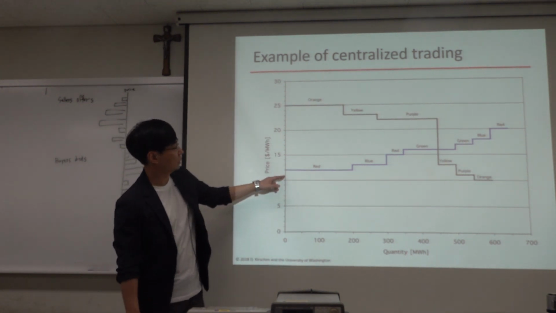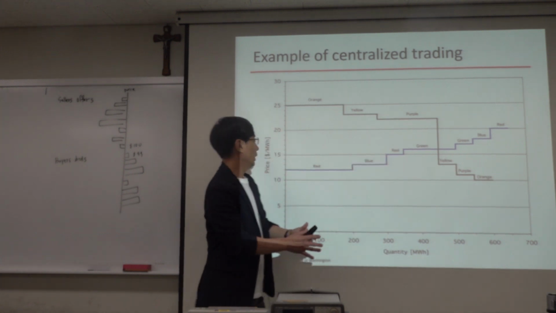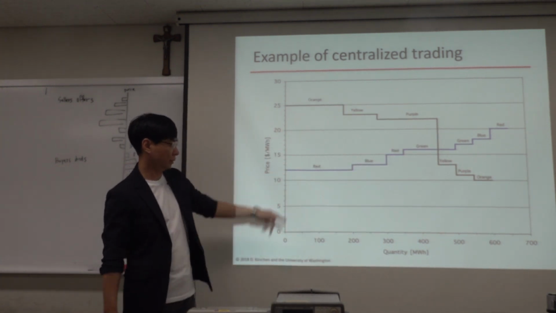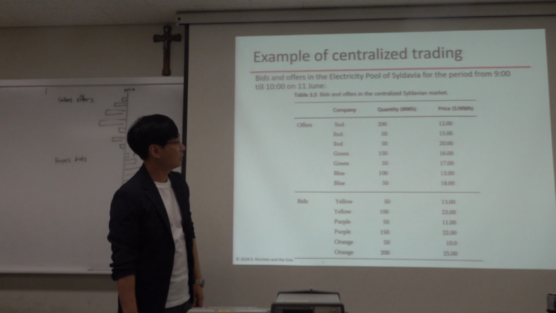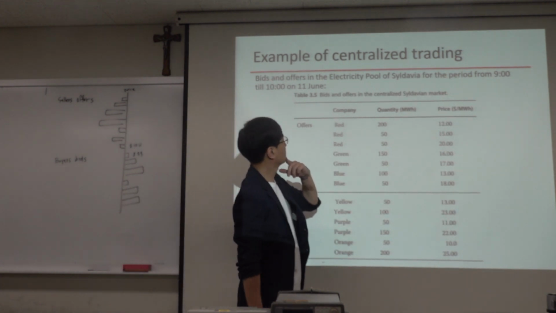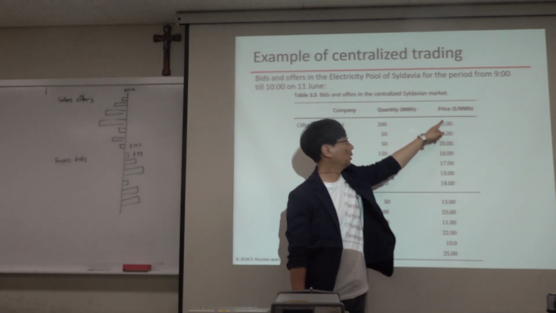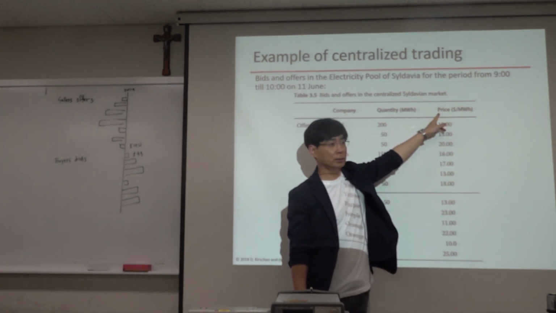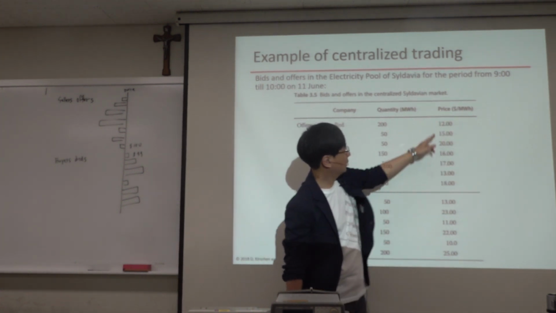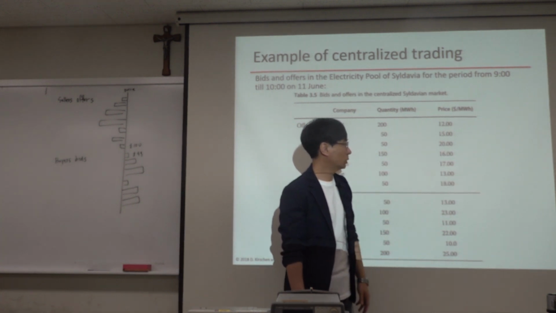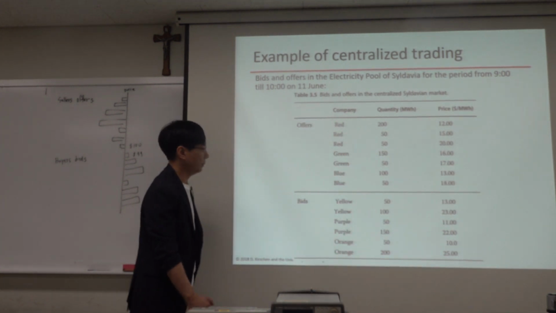The first one is the supply curve. How can you construct this curve? Well, you can sort these 7 offers based on their price. This is not sorted, but you can sort it and place them.